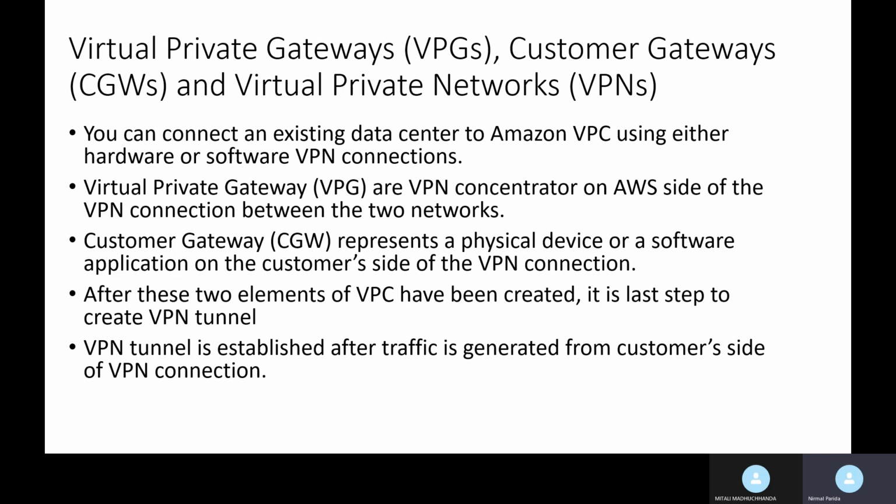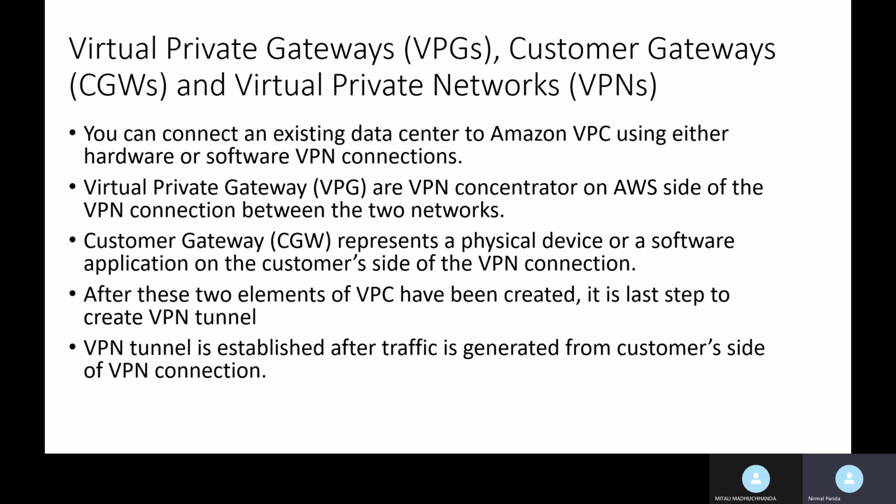Using VPN connections, we can connect to our VPC. The virtual private gateway is the VPN concentrator and the AWS side of the VPN connection between the two networks. From the AWS side, we have to create one VPG, and using the VPG we will connect our VPN to your own data center.